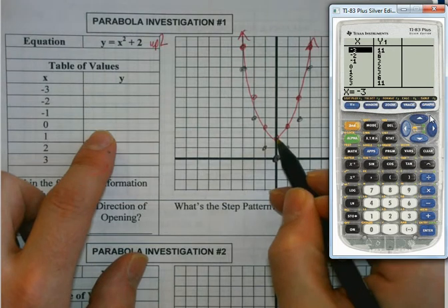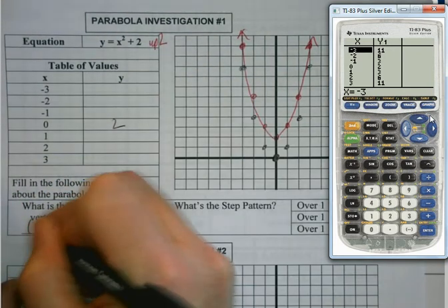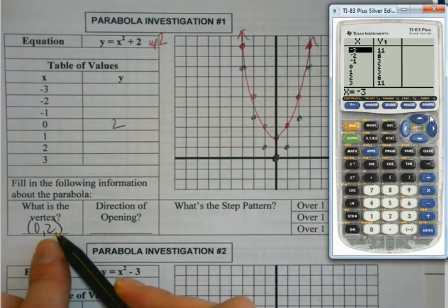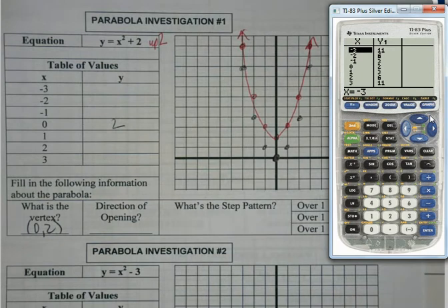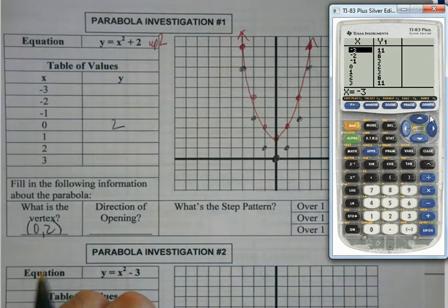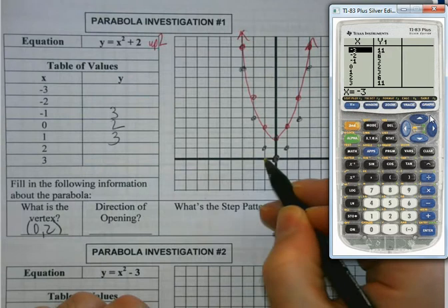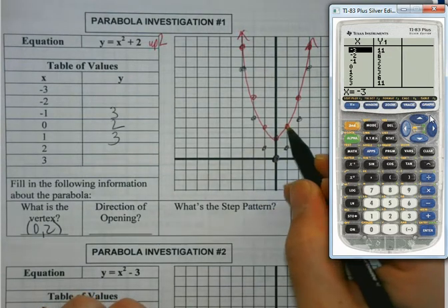Okay, my vertex is at 0, 2. Awesome. Notice we went up 2. My y value, which is my up and down, went up 2. And the rest of my values: negative 1 and 1 are at 3. Is that true? Yep.